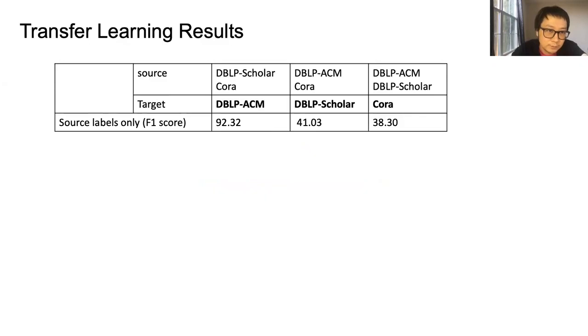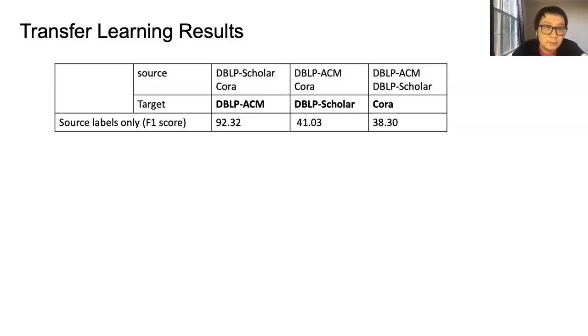DBLP-ACM is a very simple scenario, and if we directly learn a model from DBLP-Scholar versus Cora and directly transfer to DBLP-ACM, the F1 score is already very high.